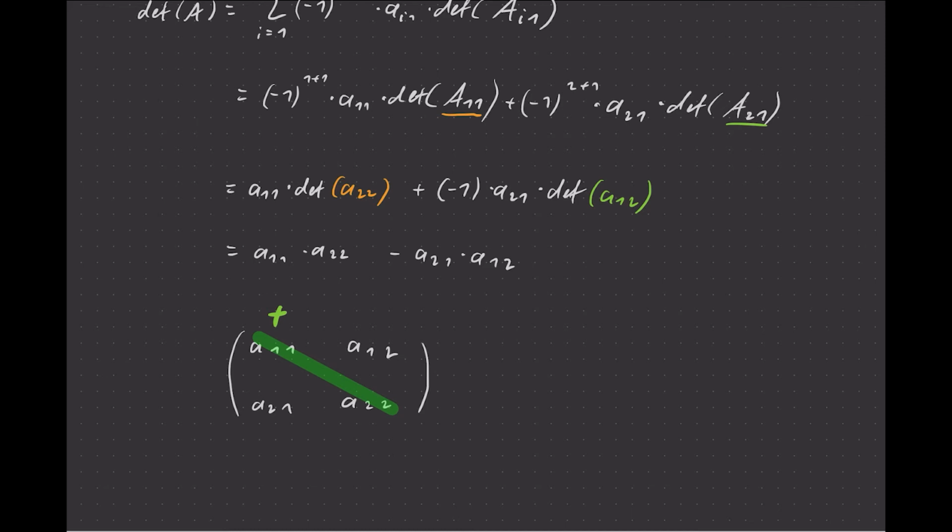And then we multiply these two entries here, and those are counted with a minus, right? So that's how you can hopefully remember that formula more easily. It's the product of these two minus the product of these two. So that's the formula that you can use for 2 by 2 matrices, and only for 2 by 2 matrices. Larger matrices are more complicated, and we'll see that as an example in just a second.